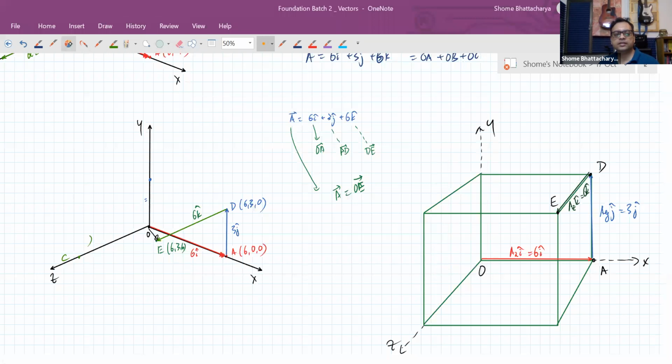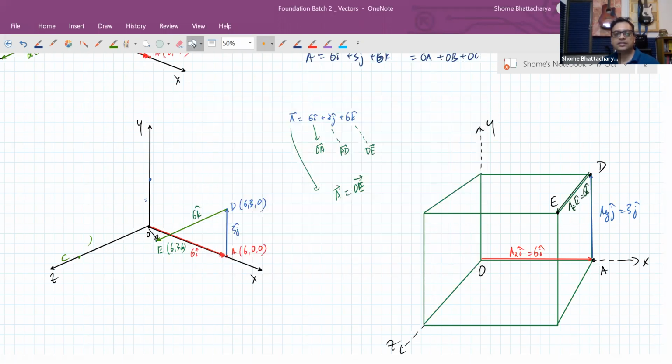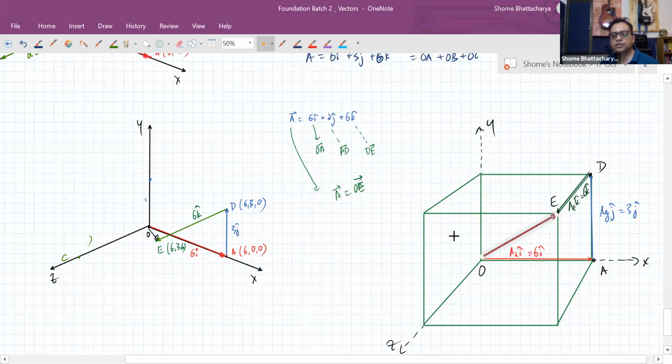So you can see that our vector A, which is the sum of these three vectors, is the diagonal which is cutting through the cuboid. It's called the body diagonal of the cuboid. This is our vector A, which is 6 i cap plus 3 j cap plus 6 k cap.